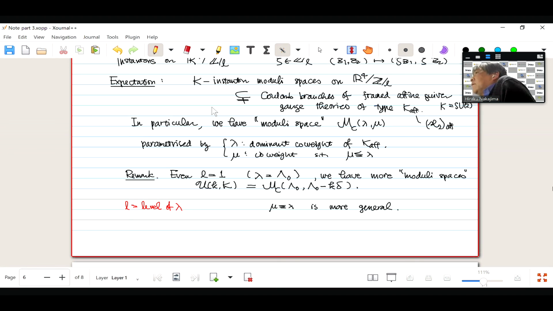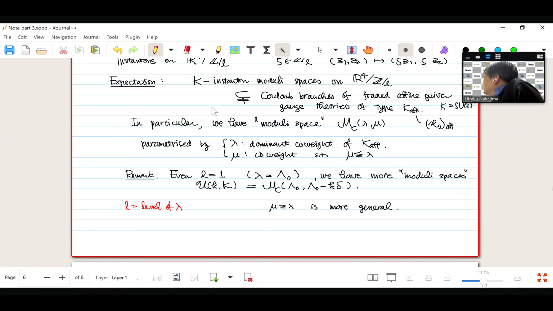So you are asking about the quantization of the affine. Yeah, exactly. I mean, the construction of the homomorphism works in general. So you have the homomorphism from the shifted affine Yangian to the quantization of the Coulomb branch.